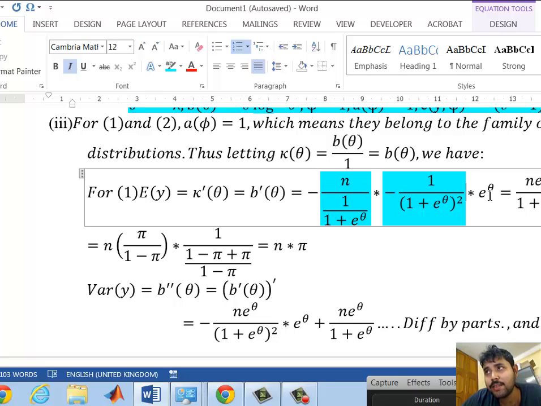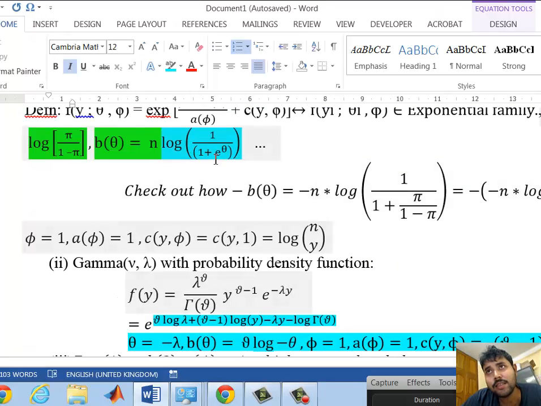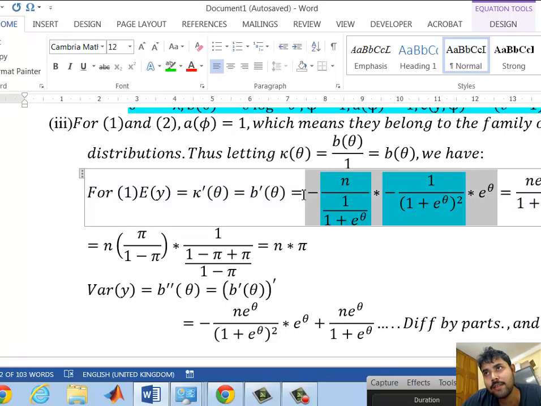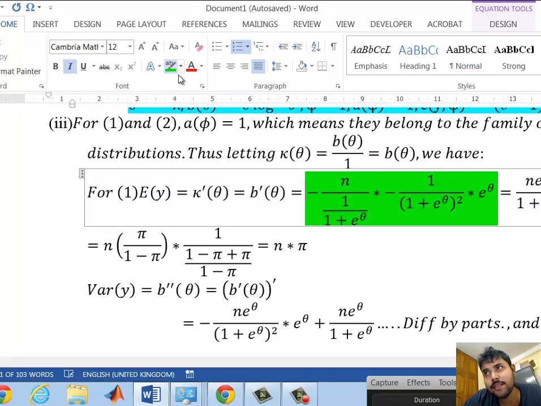So there is a negative and there is a plus into again the e to the power theta, you do a differentiation of this part, which I again highlight in green because there is a subtle detail where a 1 becomes a 0 and then plus, okay, yeah, plus this whole square into again this part. So when you differentiate this part, this one part becomes 0 in bracket, and then again you have this as the final result.